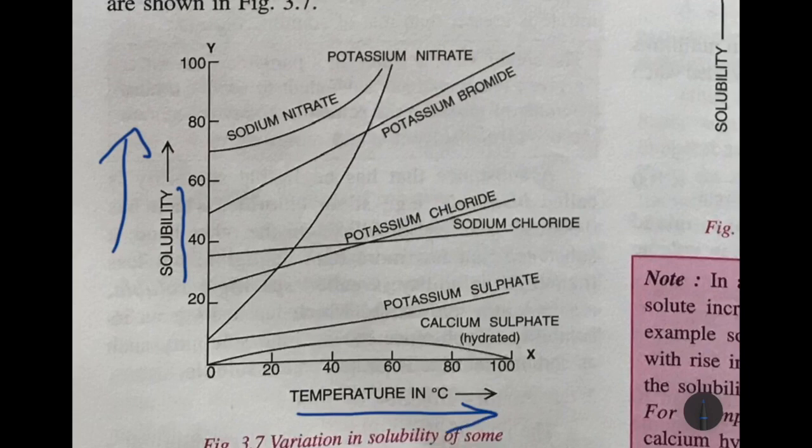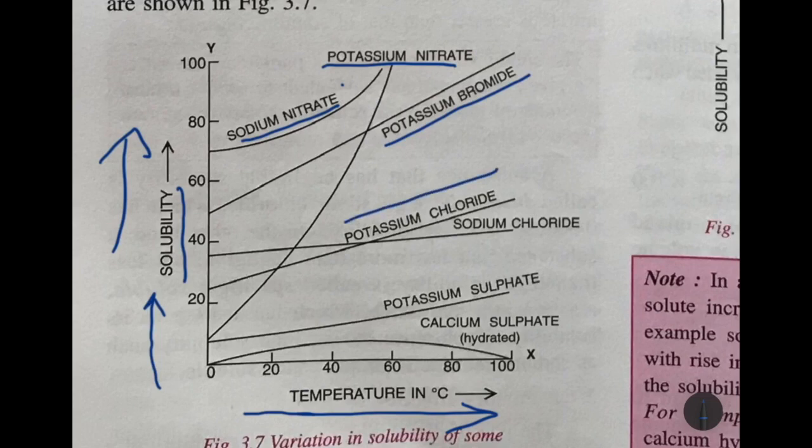As you move up, the solubility increases. As you move this side, the temperature increases. In this graph, you can see substances like sodium nitrate, potassium nitrate, potassium bromide, and then potassium chloride.